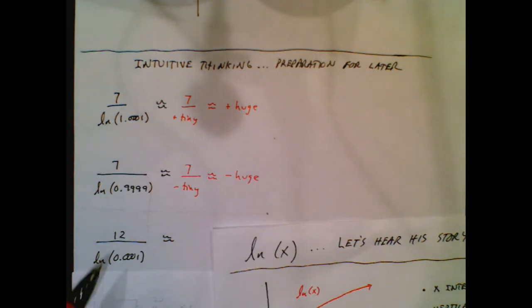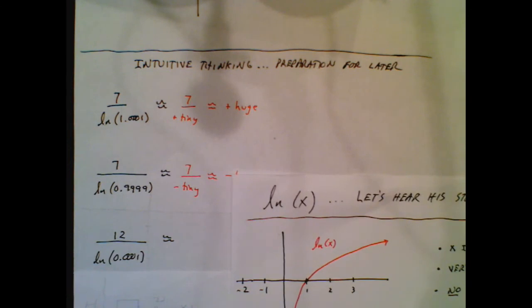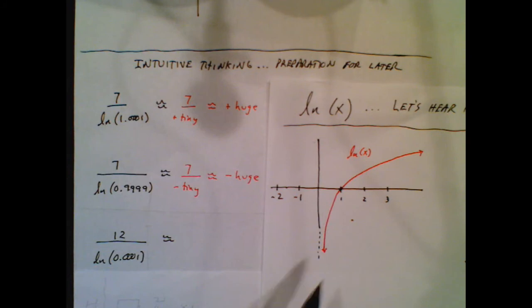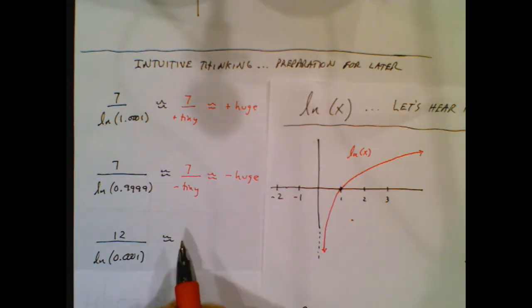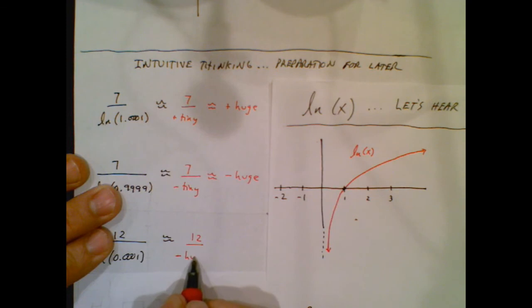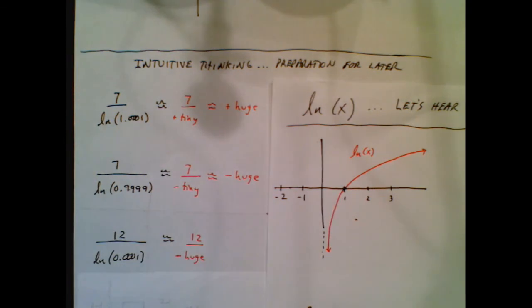All right, if I do 12 divided by natural log of 0.0001, natural log of 0.0001 would be way down here. So that's really 12 divided by a negative number, and it's a huge negative number.